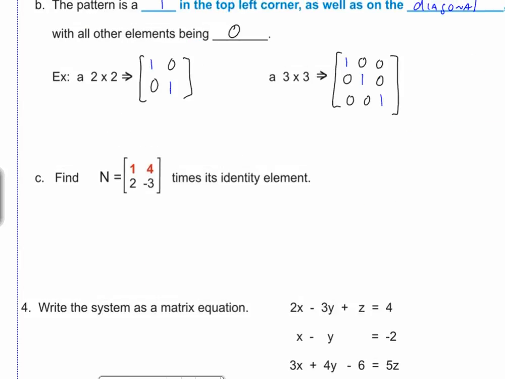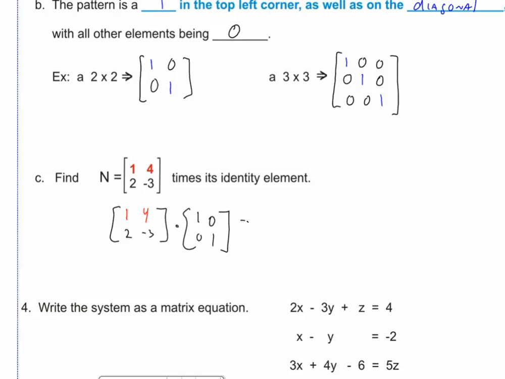Okay, so our time's getting limited here, and we're probably not going to finish this. But if we took this matrix, 1, 4 first row and 2, negative 3 second row, and we multiply it times its identity, so 1, 0, 0, 1. I know I'm going fast. Sorry about that.